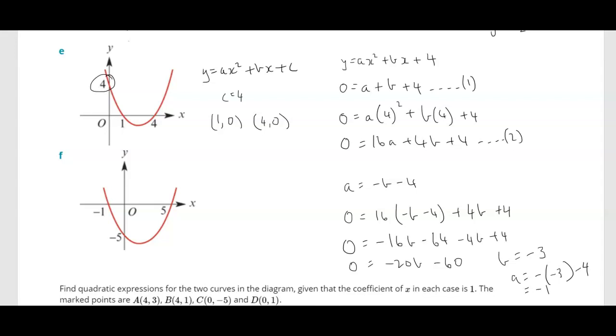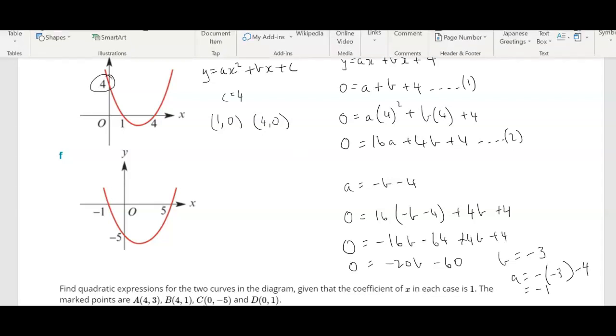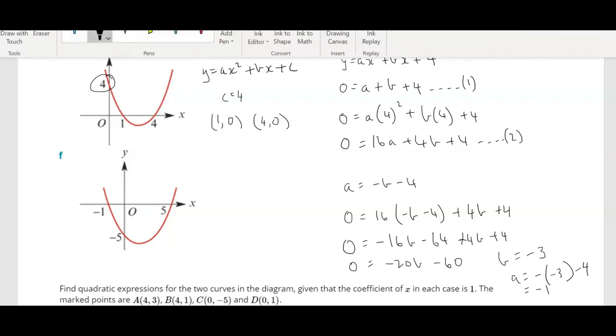All right, I realize where my mistake is. This should have been a plus 4b. This is why it's always important to question your answers. Okay, so plus 4b. So we've got negative 16 plus 4b will give you minus 12b, and the minus 60 is still right.